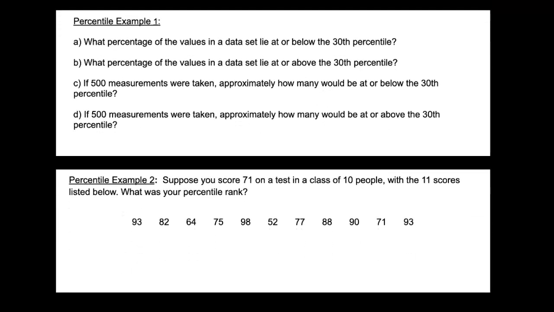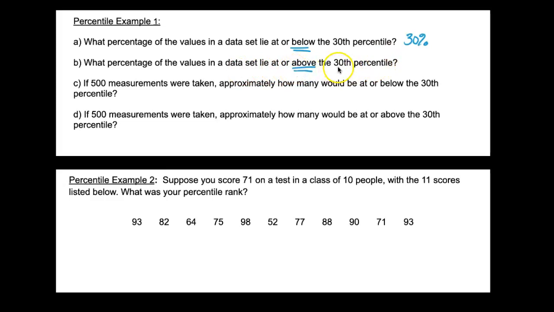So in example 1, A, what percentage of the values in a data set lie at or below the 30th percentile? So remember, when we're given the percentile, that number describes the number or percent of values below. So if it says 30th percentile, that means 30% are below. What percent of values in a data set lie at or above the 30th percentile?